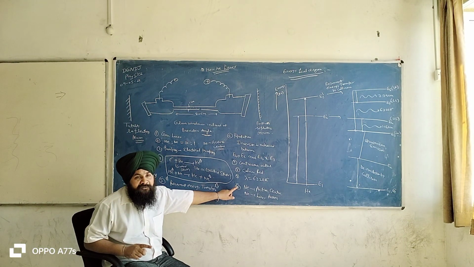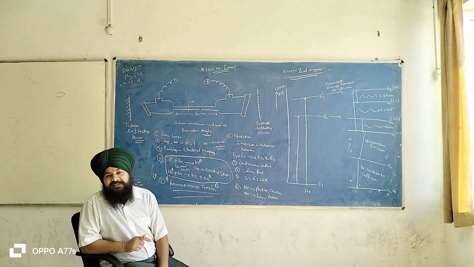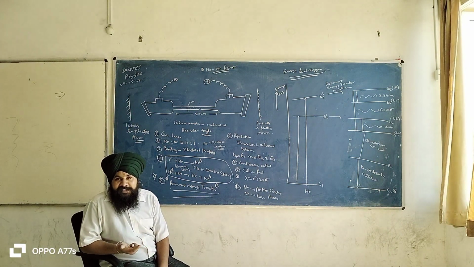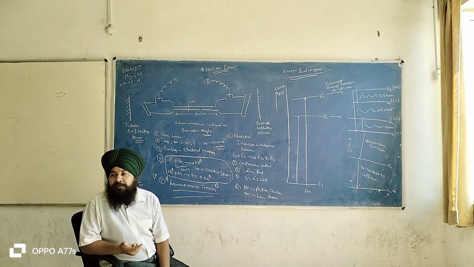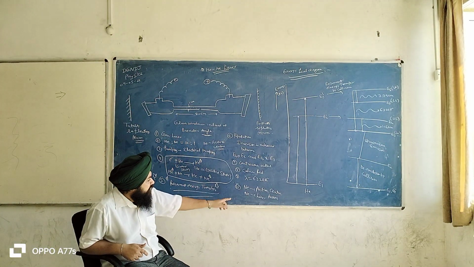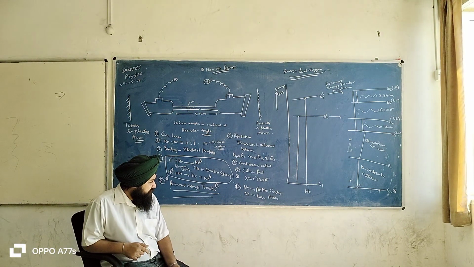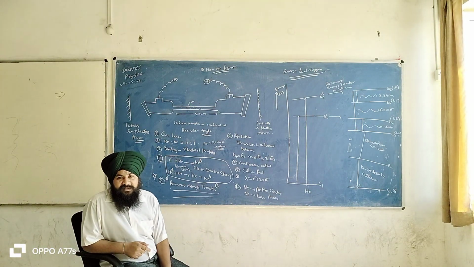They play the role of active center and they cause the laser action to take place in the helium neon laser. In the ruby laser, the major role is played by the chromium ions. Chromium ions cause the laser action, whereas in the helium neon laser, neon atoms play the major role and they are called active centers and cause the laser action.